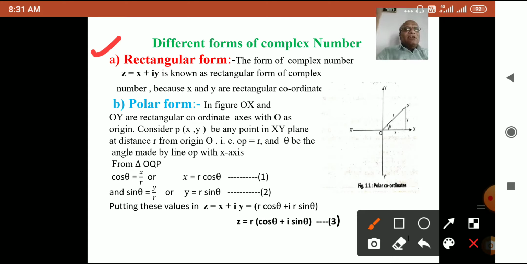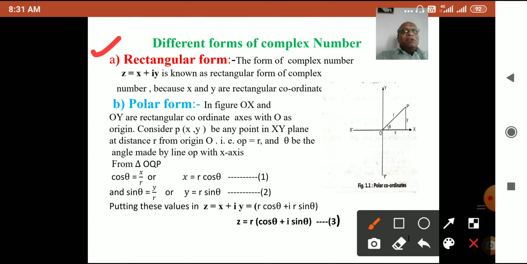For this, consider a figure where OX and OY are rectangular coordinate axes with O as the origin. Consider P to be any point having rectangular coordinates, say x, y, at any point in the XY plane, at a distance r from the origin, small r. That is, OP distance is equal to small r, and theta is the angle made by the line OP with the x-axis.